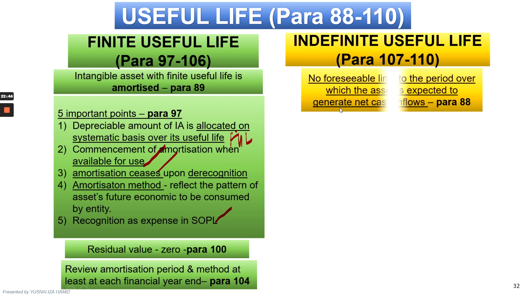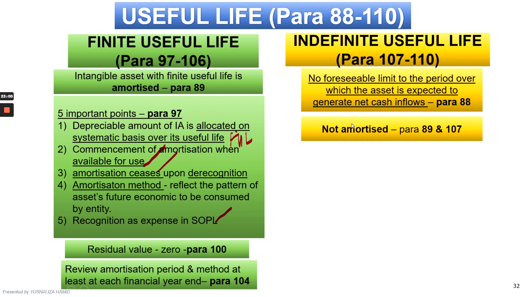paragraph 104. For indefinite useful life, there is no amortization because there is no foreseeable limit to the period over which the asset is expected to generate net cash inflow, like the case of trademarks, the case of certain brands that have been in the business world until today. Paragraph 88, not amortized.